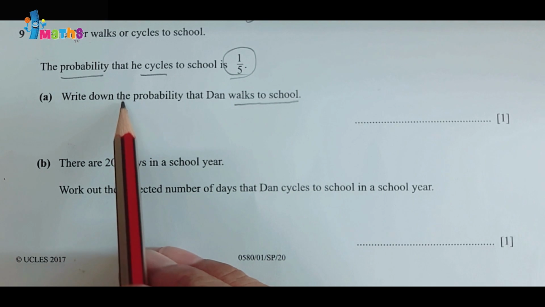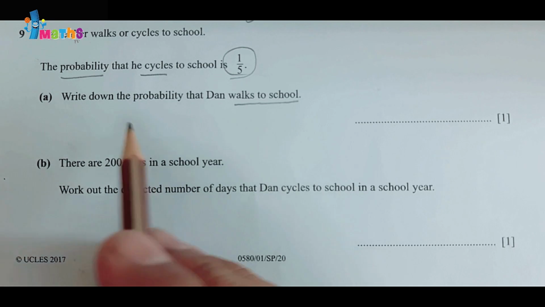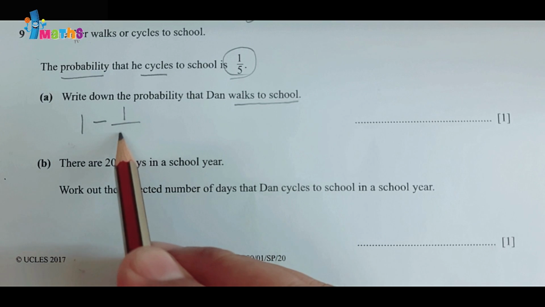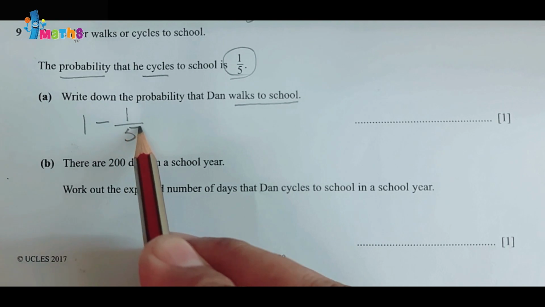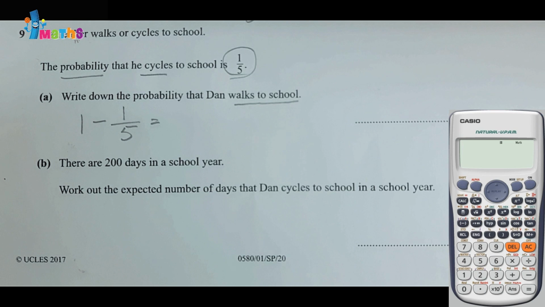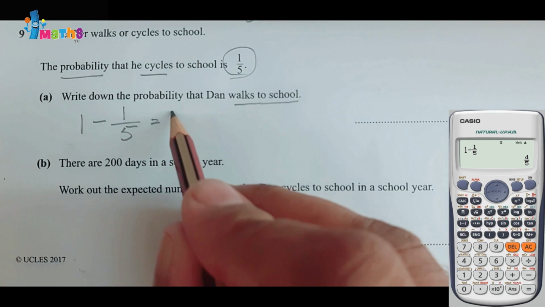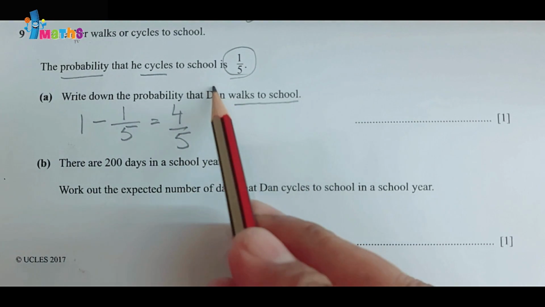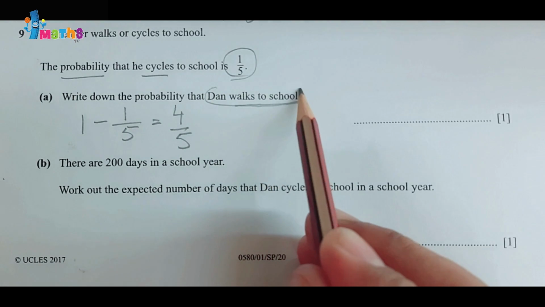So you know the maximum probability can be 1. So 1 minus 1 over 5. We'll check with the calculator. So 1 minus 1 over 5 will be equal to 4 by 5.